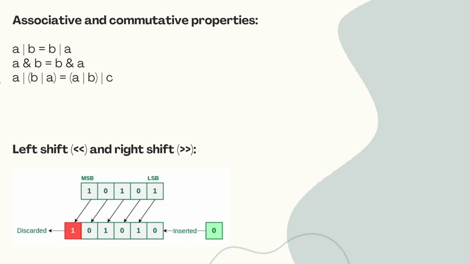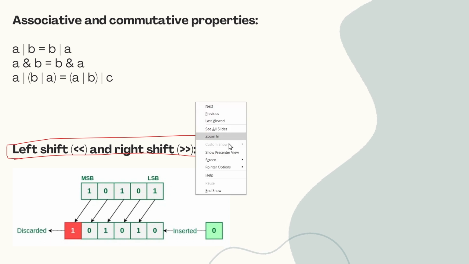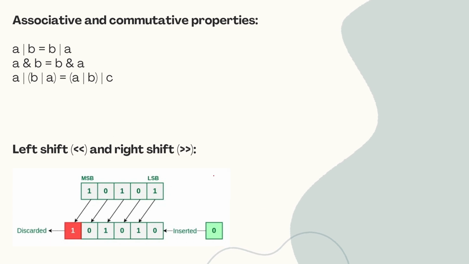Now, talking about the last topic: important operators, left shift operator and right shift operator. Now, let's say you have some number, something like 10101, as given. I have given here, as I said, this part is the LSB, that means least significant bit.